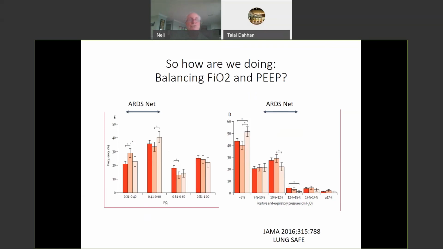But you will also notice that as high as maybe 30 or even 40% of the population is being exposed to FiO2 levels greater than 60%. So that might lend argument to the fact that maybe we are under PEEPing a number of patients.